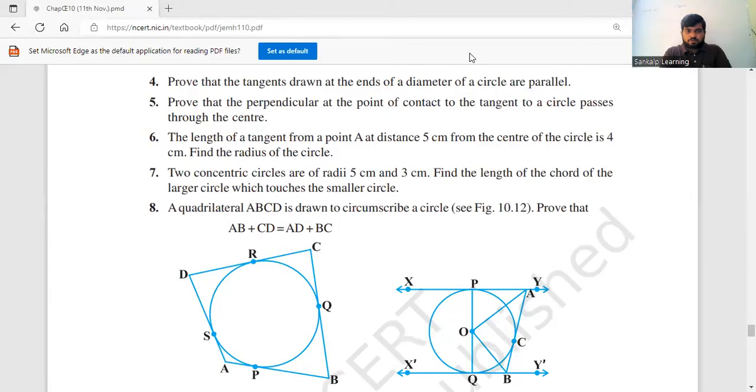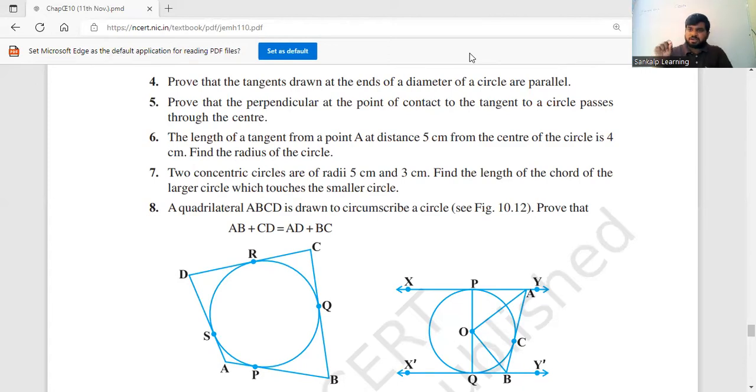Concentric circles are of radii 5 centimeter and 3 centimeter. Find the length of the chord of the larger circle which touches the smaller circle. Now there are so many things. Let's recall. 2 concentric circles. What are concentric circles? Circles with same center but different radii. You will have the same center. You take a compass, draw a circle.